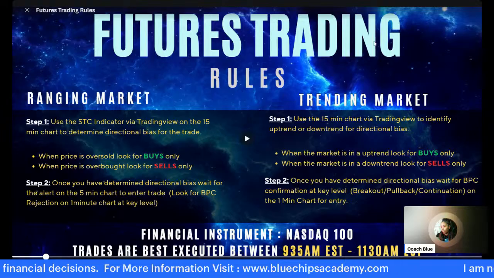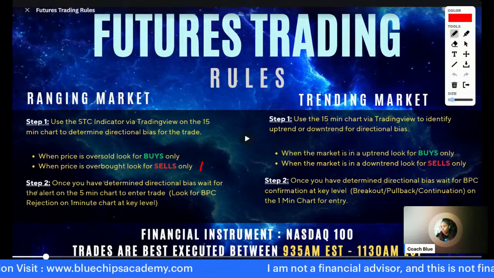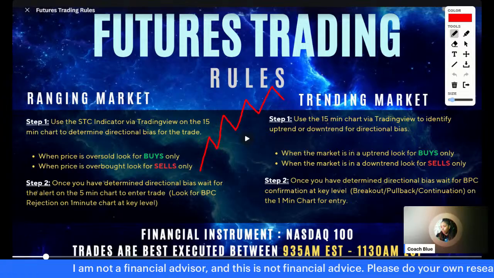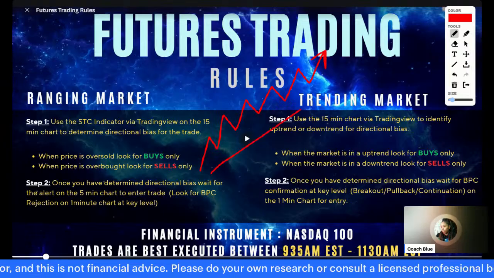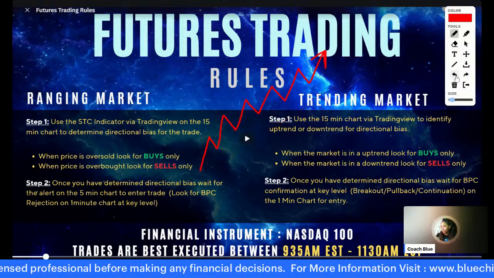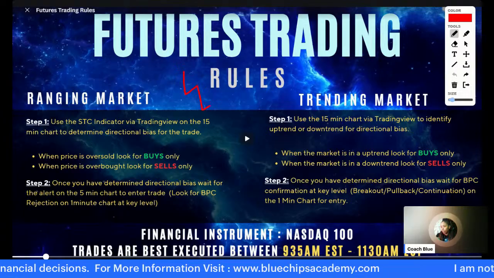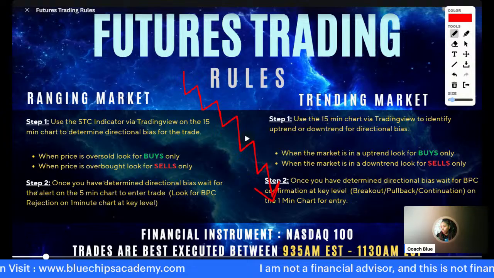Trending markets are pretty obvious. You have your uptrend and your downtrend. Your uptrend looks similar to this, where price is making pivots and showing you the ultimate direction that price wants to move is up. And then you have the downtrend, where you can see the ultimate direction of price is down.